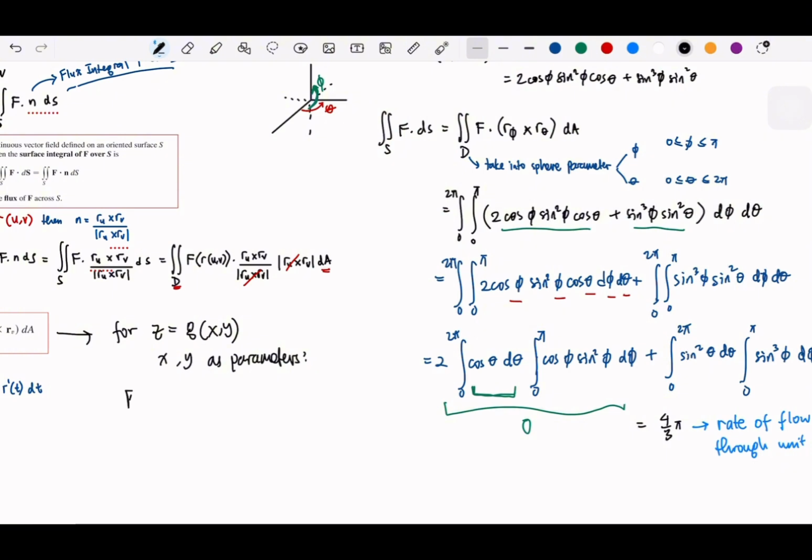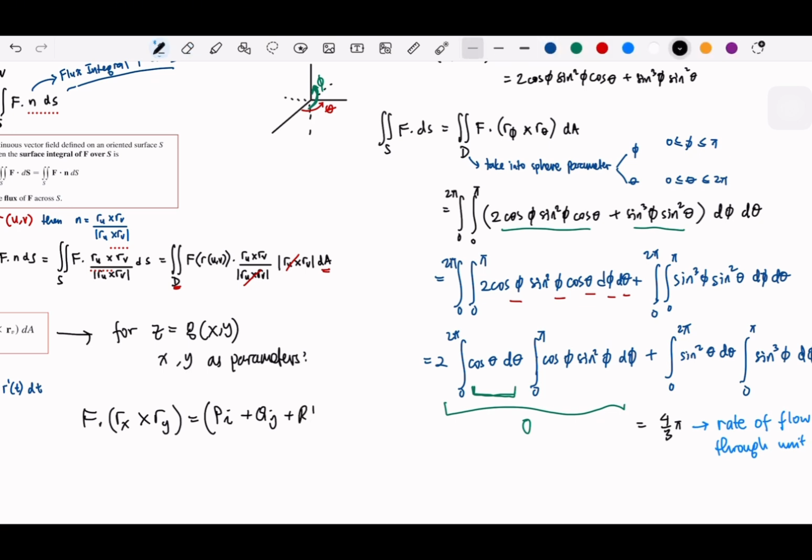So then the F dot r_x cross r_y, which is partial with respect to y and x. The F will be, let me introduce, P i plus Q j plus R k.